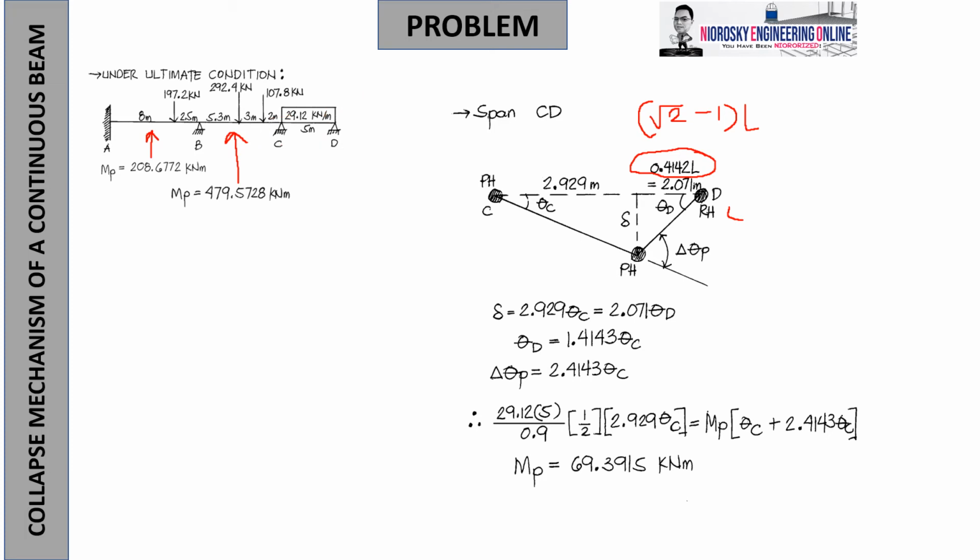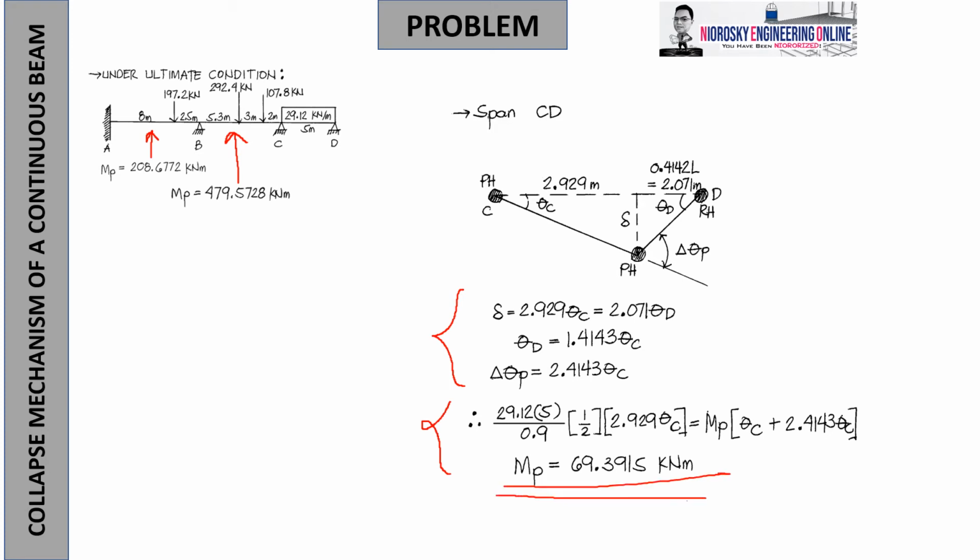I use the 0.4142L correlation, then I have calculated 2.071 meters to replace the distance, and of course we will get 2.929 meters on the remaining distance for correlation. And then finally performing the small angle theorem and energy in equal to energy out, there is a value of 69.3915 kilonewton meters.